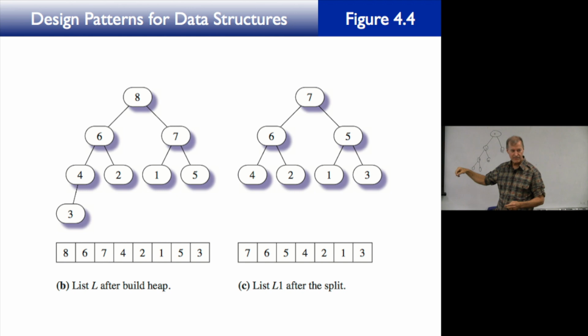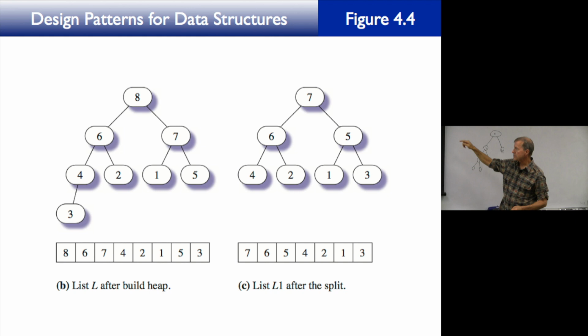So what we do is we put it last, and then we do an adjustment. And then we know that the last element now is in the right place. And so now we heapify the data structure.